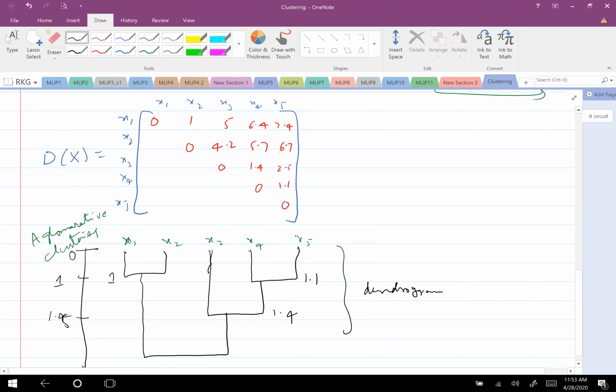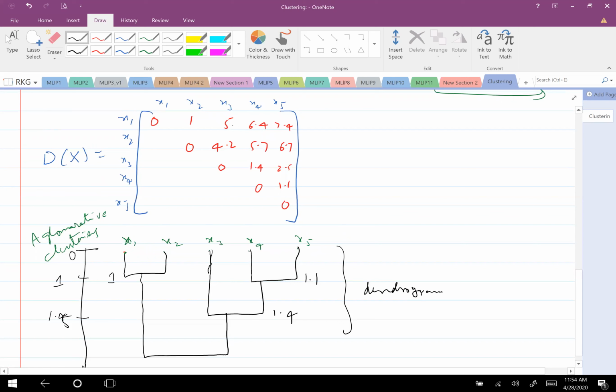What is the distance I should write here? X1, X2, I should group with any of X3, X4 and X5. Is it the closest distance or minimum distance? Say X2, for example, can be grouped to X3, X4 and X5 with a minimum distance of 4.2.